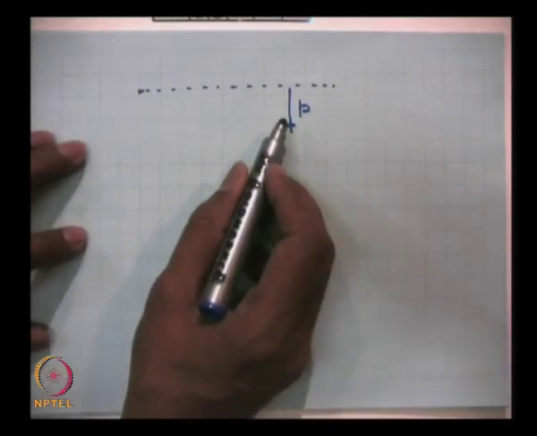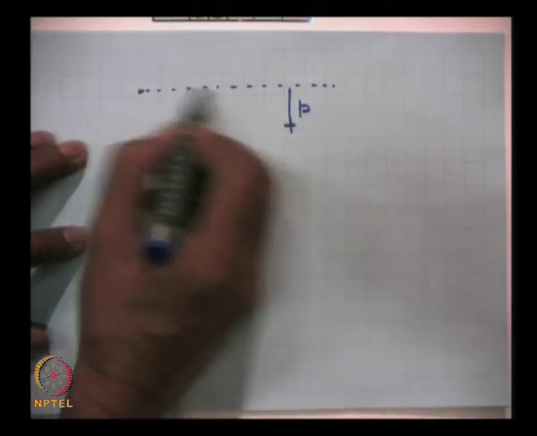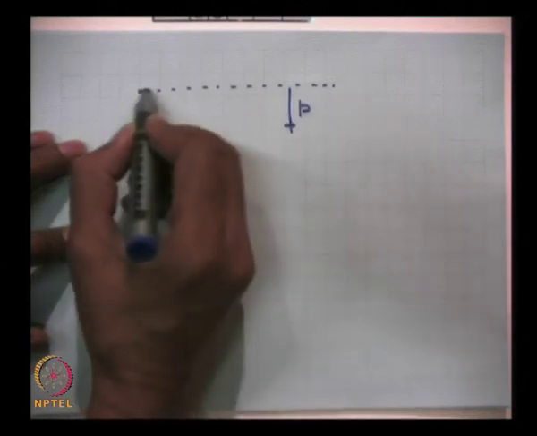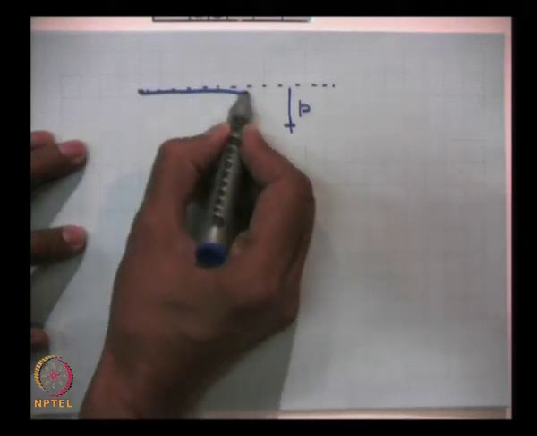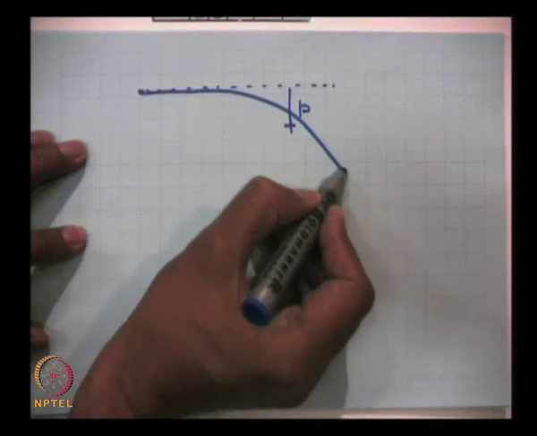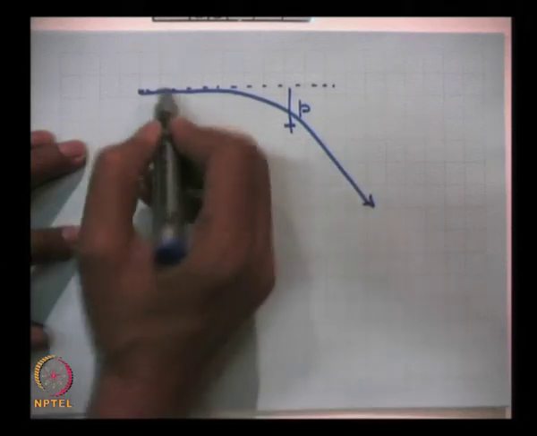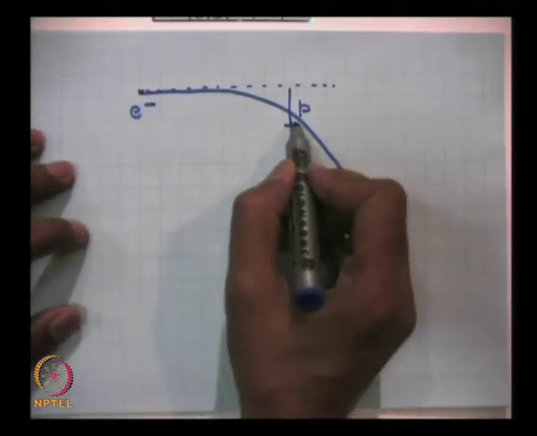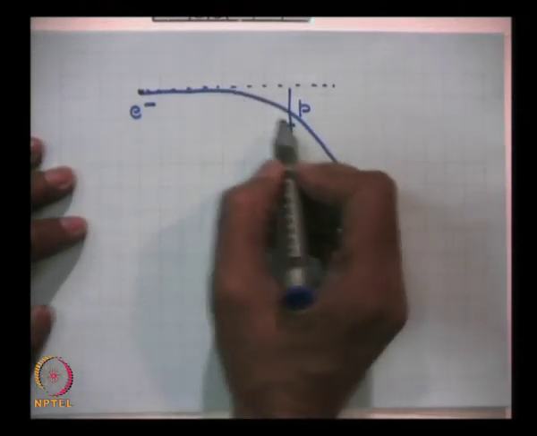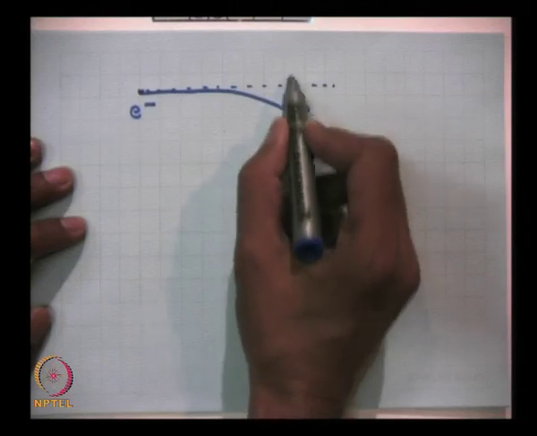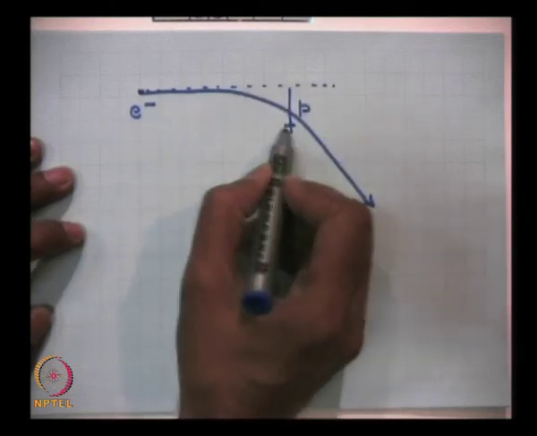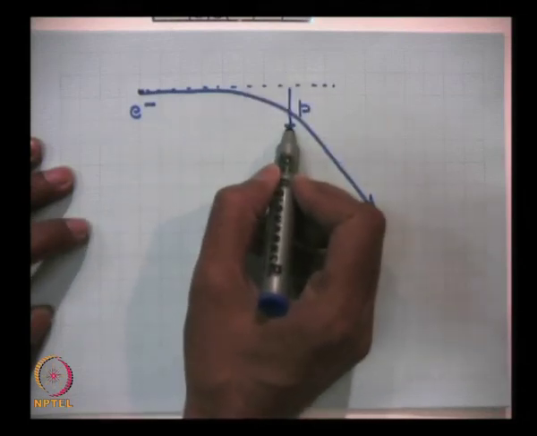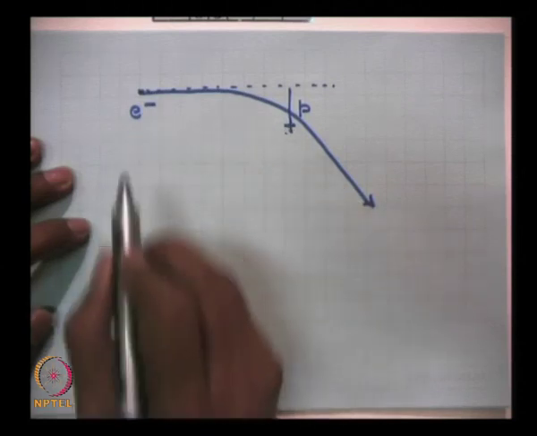As this electron comes closer here, it will not go on this path, it will feel attracted and go like this. This is the actual path the electron will traverse, and you expect that the larger the value of p, the weaker the effect of the attractive Coulomb force of the ion on the electron.